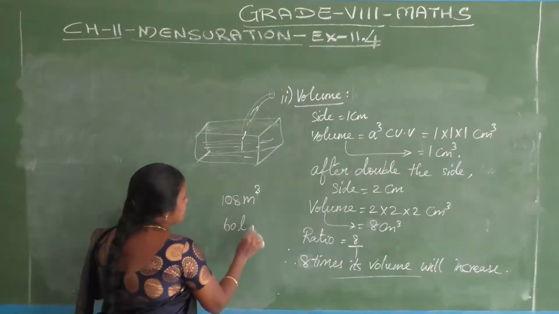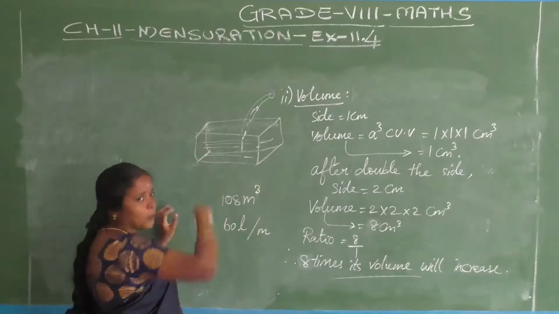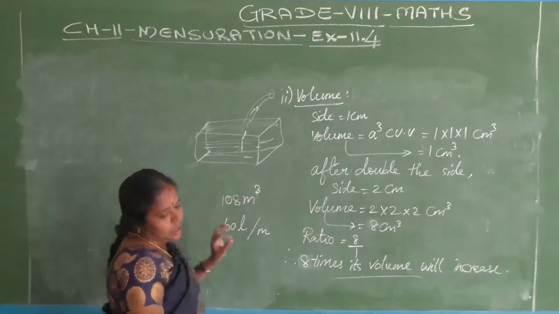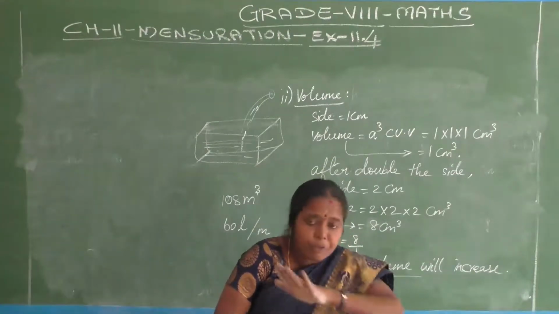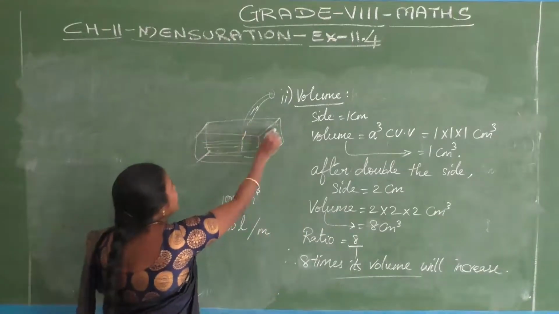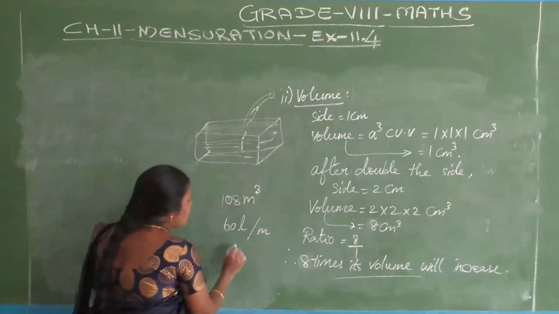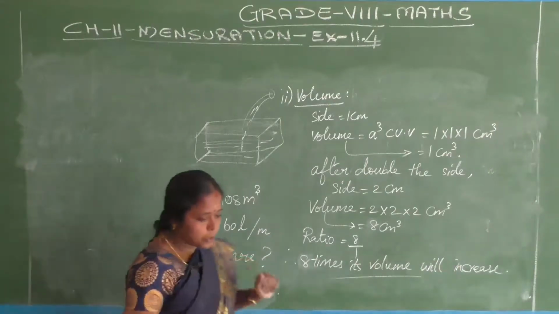At this speed, water is pouring. How many hours will it take? Find the number of hours it will take to fill the reservoir. For filling the whole cuboidal reservoir, how many hours will it take? This is the question. So what to do?